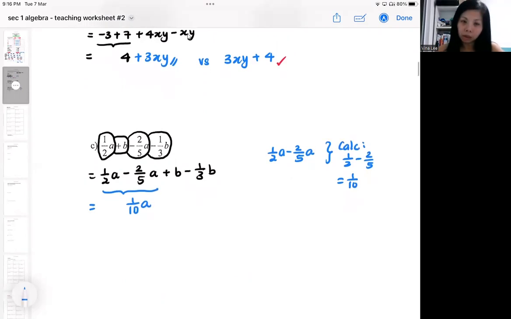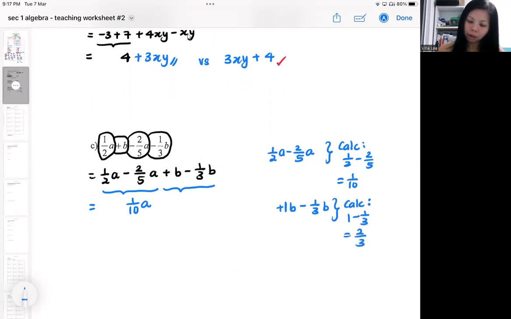For the B family, look at the B family: plus B minus 1/3 B. So the plus B is actually 1B. When we say plus B, it's actually 1B. So you can punch calculator, think of it this way: 1 minus 1/3, then that will become 2/3.